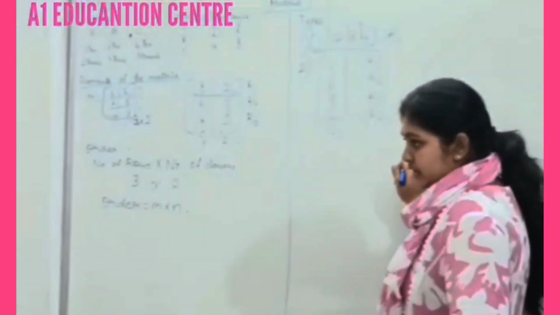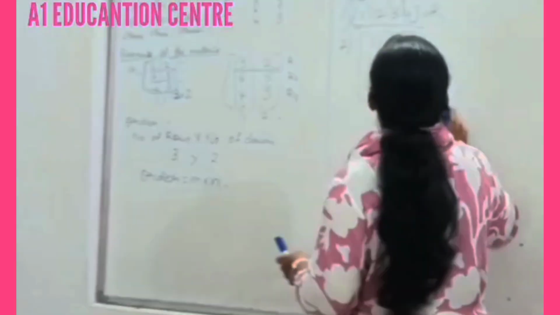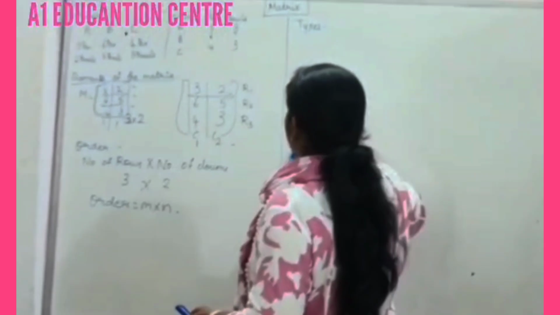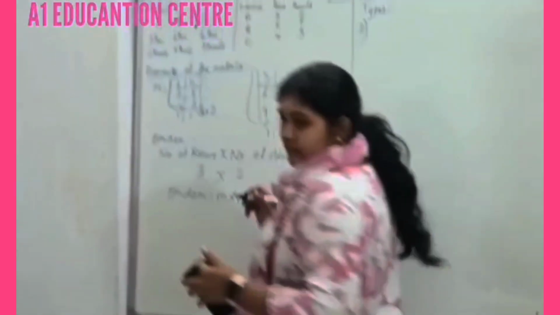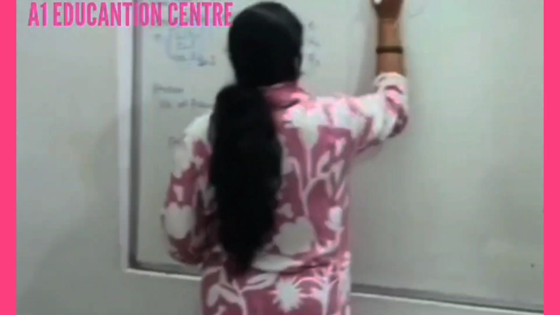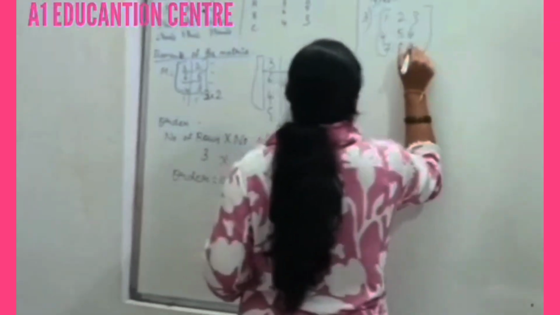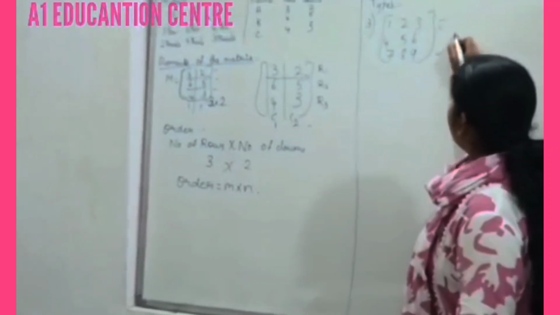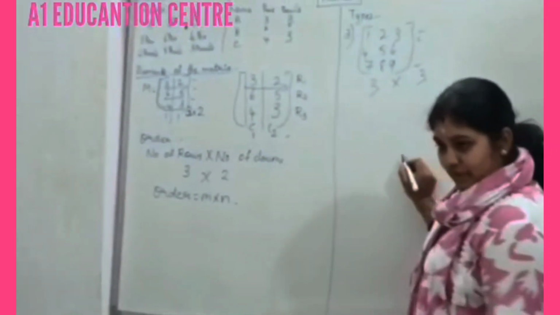Did you understand it clearly? Now the next is the square matrix. The third type is the square matrix. What do you mean by a square matrix? Number of rows is equal to number of columns. For example, with 9 numbers given, the number of rows is 3 and the number of columns is 3, so 3 into 3.